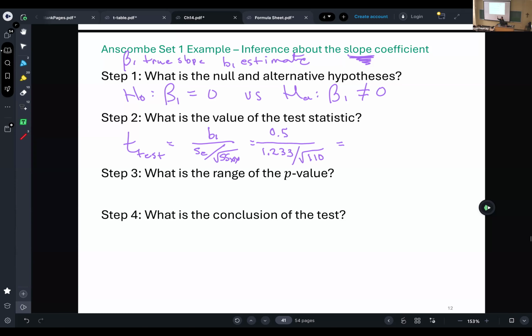Anybody at the back have a test statistic value? We're trying to get T. You want to get your calculators warmed up for the clickers anyway. Anybody have a T?